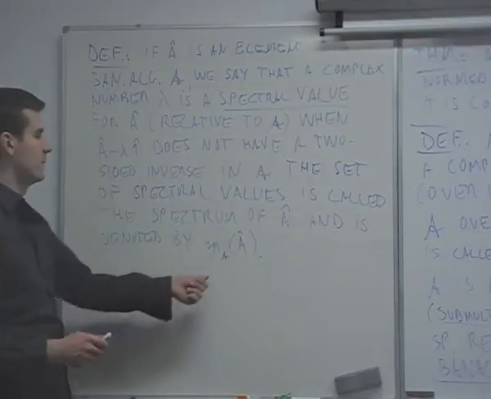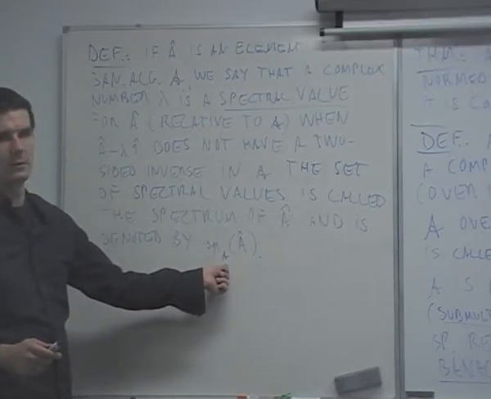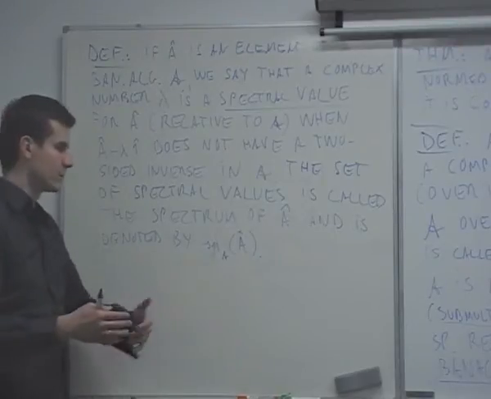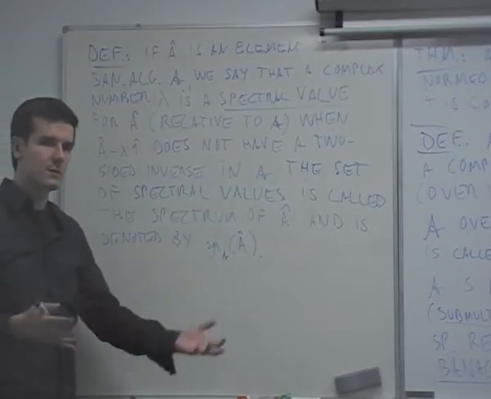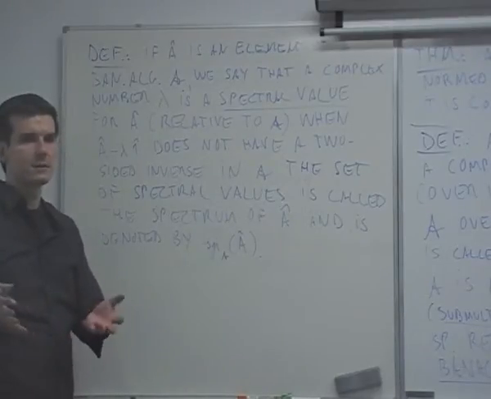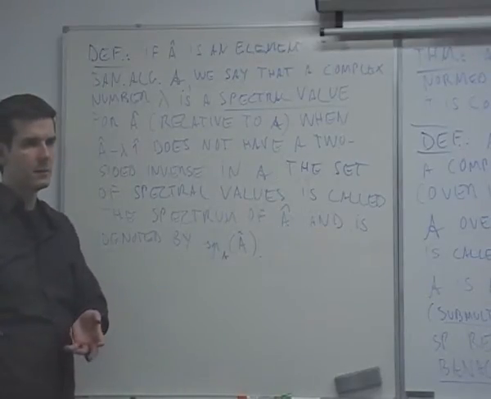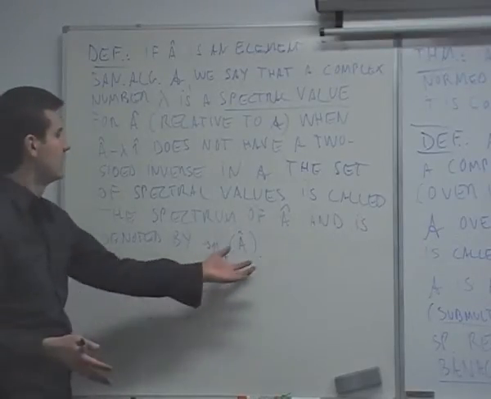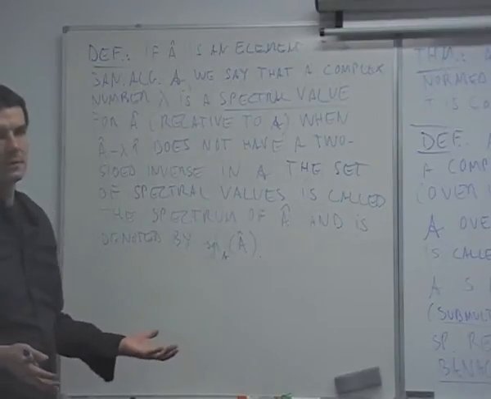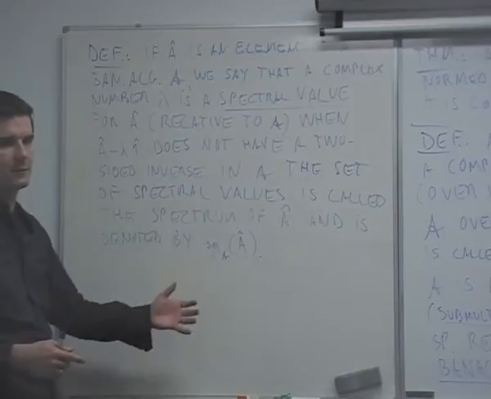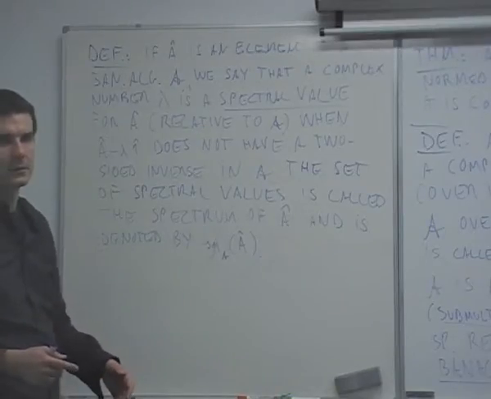And there, the dependence on the algebra can be dropped, because if an operator is in a C-star algebra, it has a spectrum, of course, with respect to the C-star algebra, which is also a Banach algebra, but it doesn't depend. You can go into another C-star algebra which contains the same operator and will have the same spectrum with respect to this other algebra, but the actual numbers do not change. So here we have to have this, but later on it will not be important.